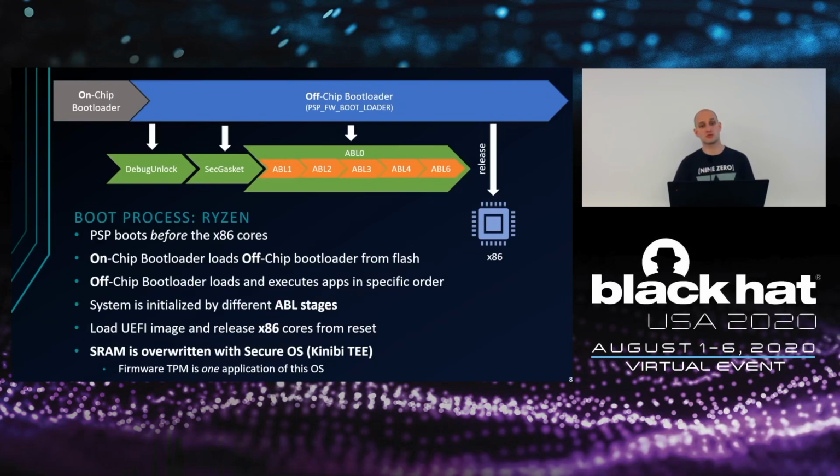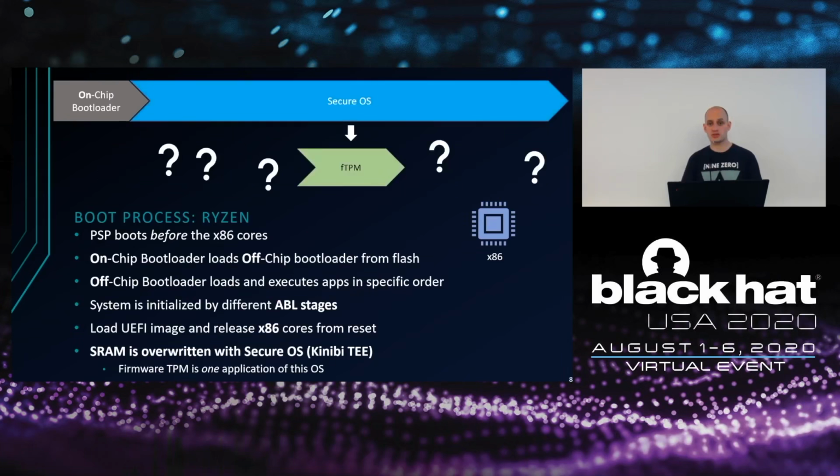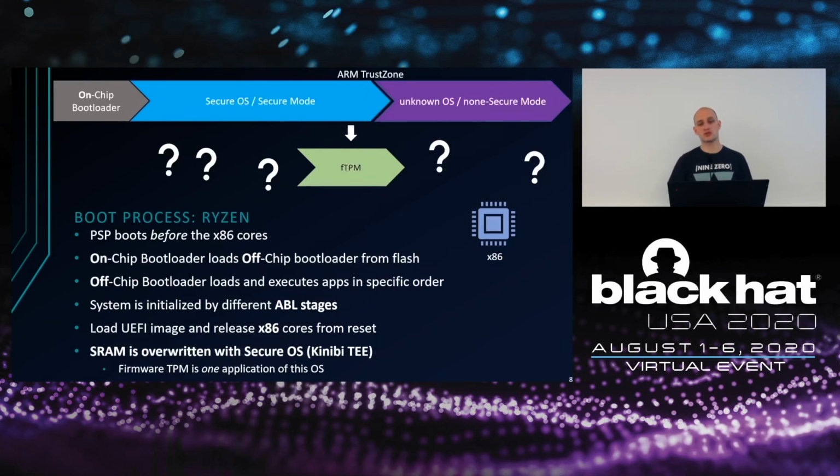And the whole SRAM is replaced with that operating system. And this OS is responsible, for example, to host a firmware TPM. So if you have an AMD mainboard and there's an option to use a firmware TPM, that firmware TPM is actually running on the PSP. Now, the secure OS will divide the PSP again into a non-secure and secure side using ARM TrustZone technology.